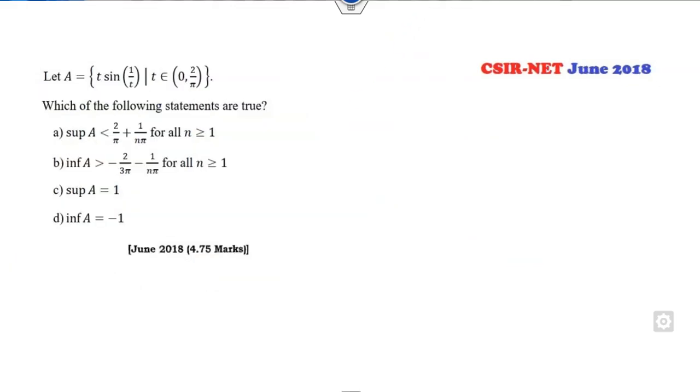Okay, look at this another one. They are not talking about the limit of the supremum. Clearly this is a bounded sequence, between minus 1 and plus 1. Then what is t? t lies between 2 over pi and 0. So what does it mean?